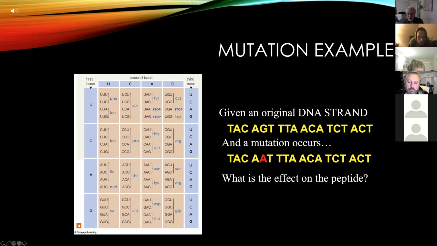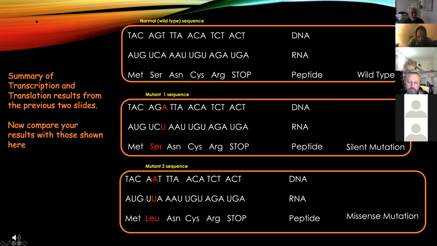Again, you translate that to mRNA, you look up in a codon table, and you find out what the effect is on the peptide. Now, I'll show you a summary of the answer, and you can check your result with this.